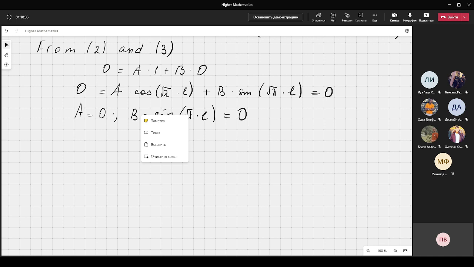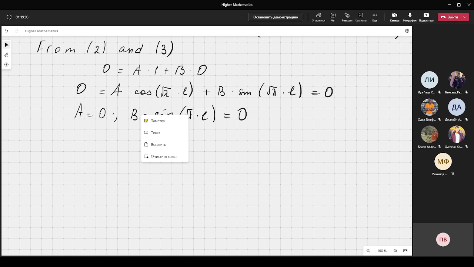B cannot equal 0, since otherwise we would have X equal to 0 and U equal to 0, which contradicts the hypothesis.